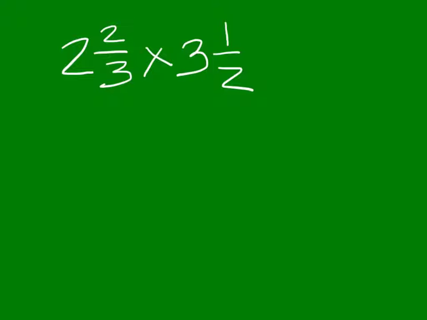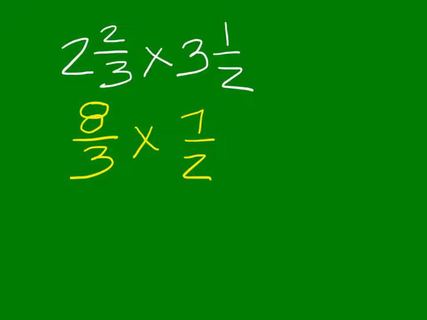Bring this one up. This is 2 and 2/3 times 3 and 1/2. 2 and 2/3 is 8 over 3. And 3 1/2 is 7 over 2.